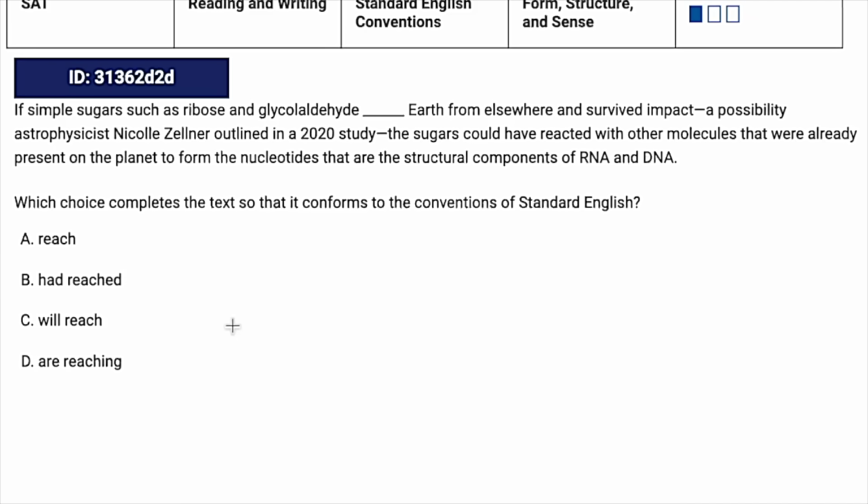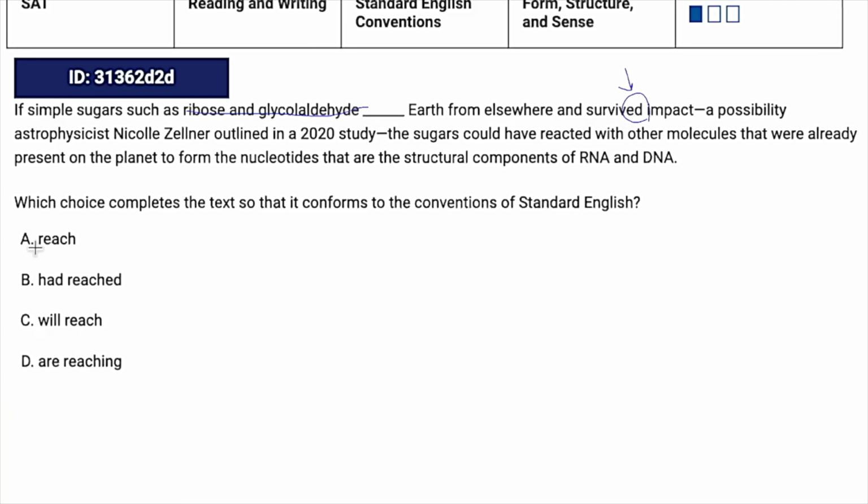Moving on to step two, let's look for context. If simple sugars such as this blank Earth from elsewhere and survived, so right in that same phrase, we have and survived. So I know I want past tense, possibly simple past tense.